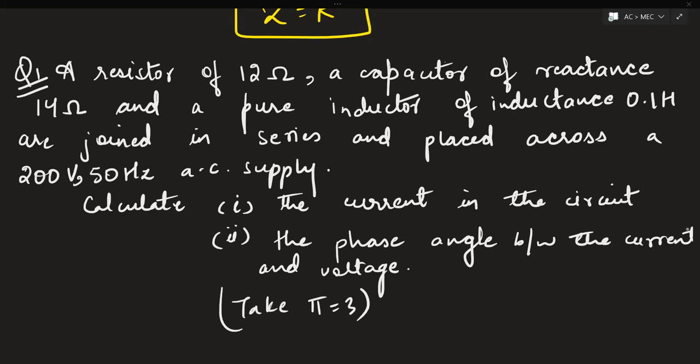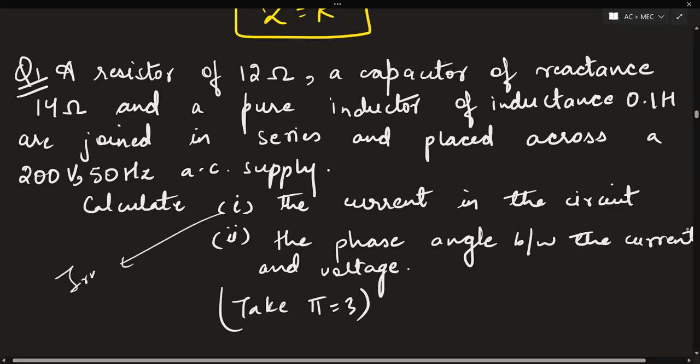Class, three things have been mentioned to you. This is mentioned and this frequency is mentioned. So first you have to identify which all terms have been mentioned to you, what all terms are needed. Accordingly, you will find out the current. This current is basically the IRMS, and this E is the ERMS. So you need Z to connect these and find the answer.